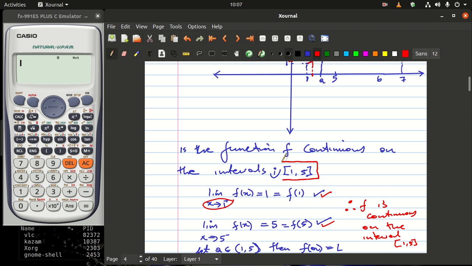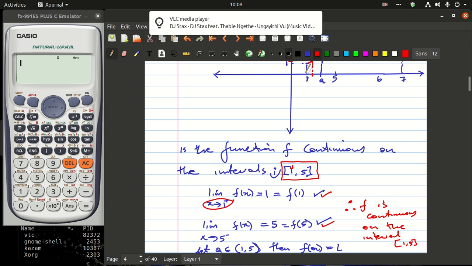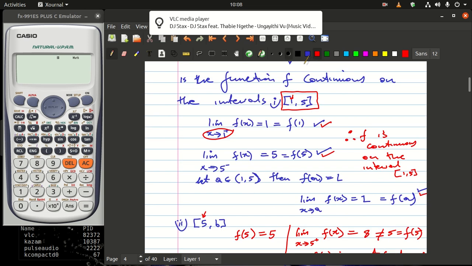So when we're dealing with the interval, we only focus on the right of the smallest value, and when we are dealing with the largest value of the interval, we usually look on the left of it. So here, if you notice, we only looked on the right, but now because we are dealing with the whole point 1 here, you can see that the limit just on the left of 1 does not exist because there is no function there.